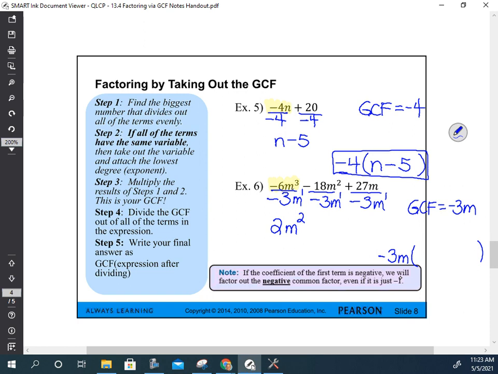Then we've got negative 18 divided by negative 3, which will give us positive 6. M to the first power.